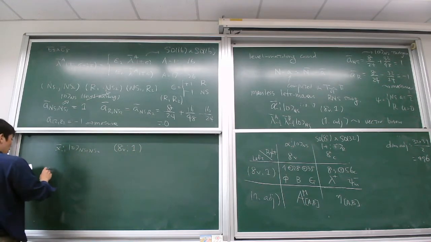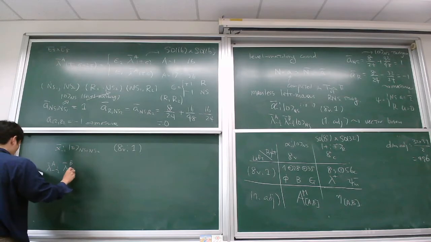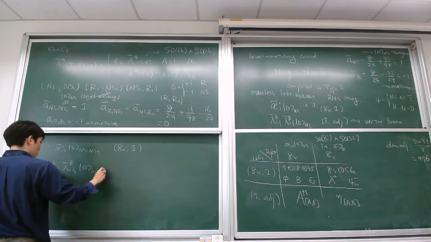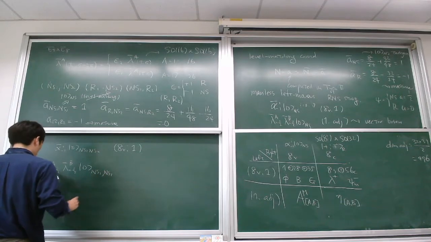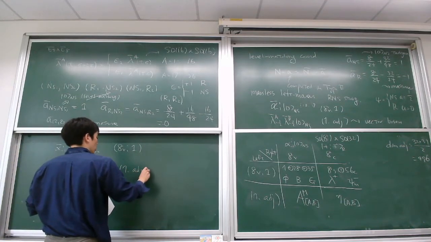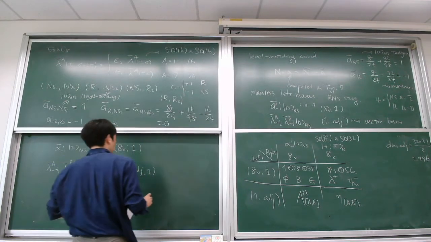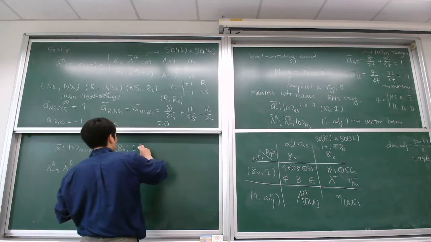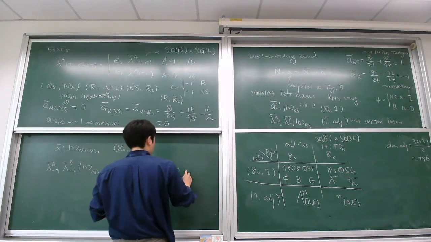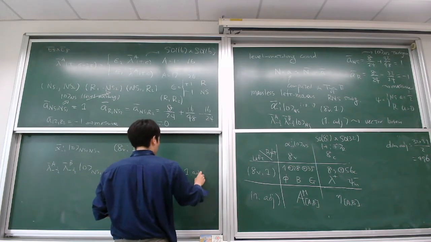And then you have the other one. Then you have 1 adjoint, 1, it splits. So now, maybe I should write down 1 and 1 adjoint.